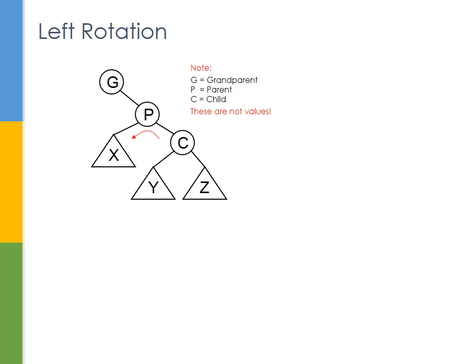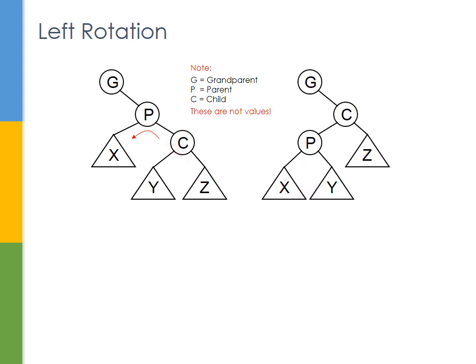So what we then need to do is rotate C up. P must become then the left child of C, which we can see over here. So P is now the left child of C. However, C already has a left subtree, which is Y, so this must now become the right subtree of the parent P, as we can see over here.